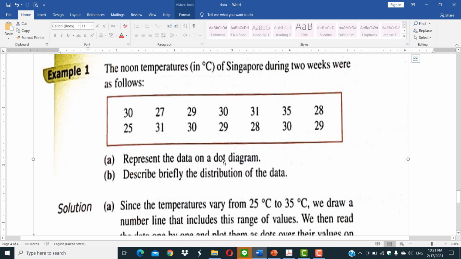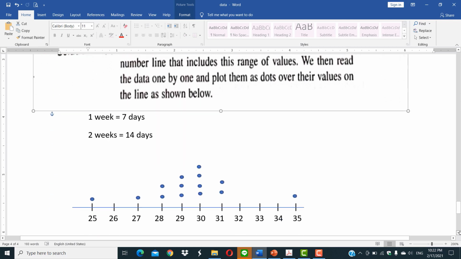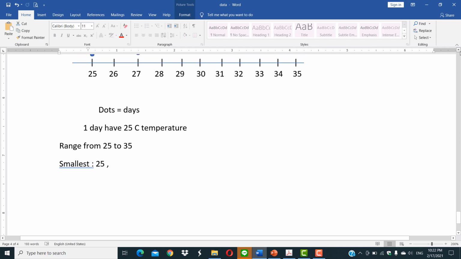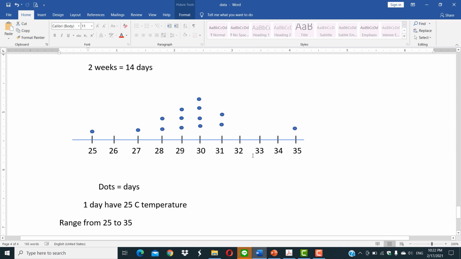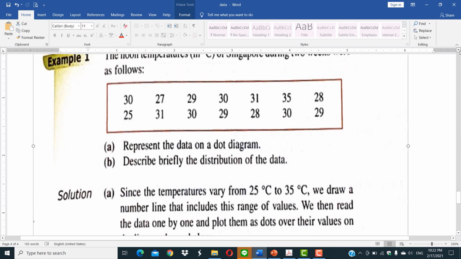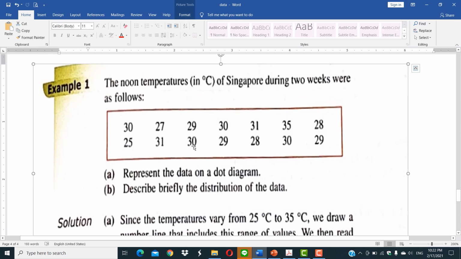Now represent the data on a dot diagram. For a dot diagram, first of all, we have to draw a line. Then start from the smallest number. In this data, the smallest number is 25.